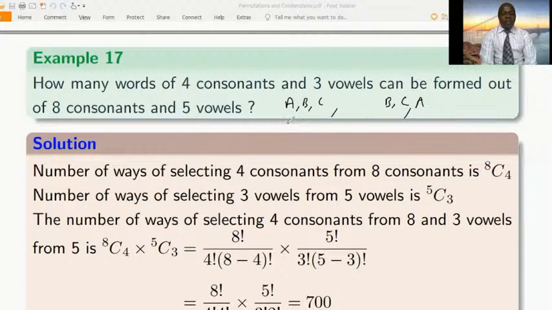They only become different if I were to have this, and then have A, C, D. So these are different. But there will be different combinations, because this combination has these 3 and this combination has these 3. But if I were to consider the first 2, this is 1 combination. This group and this group are the same group. So the order is not necessary.